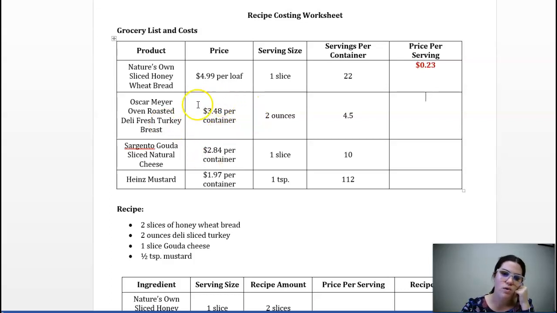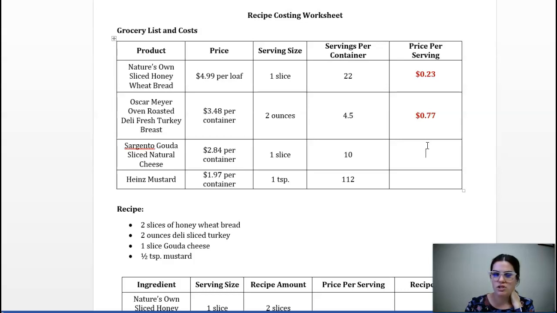We bought that whole container for $3.48. There are 4.5 servings. So we divide 3.48 by 4.5. Do that math really quick. And I get 77 cents per serving. Okay. Then we have our sliced Gouda, which was $2.84 per container. And there are 10 slices.